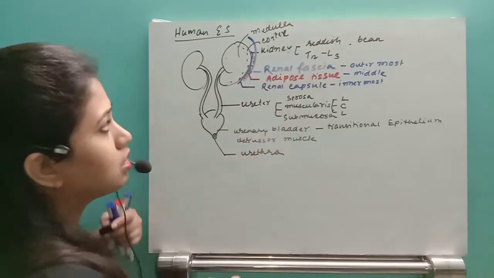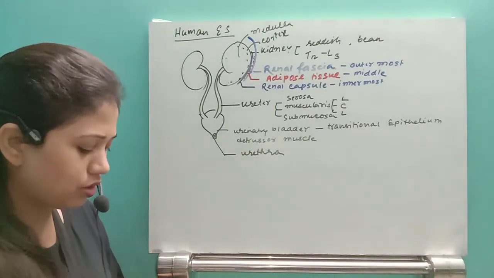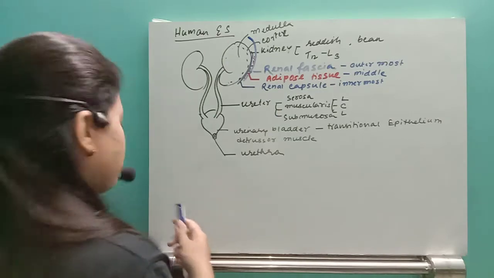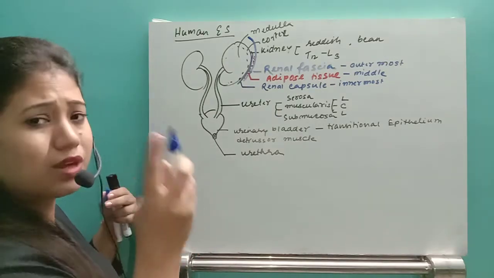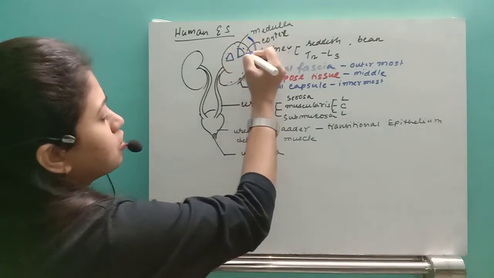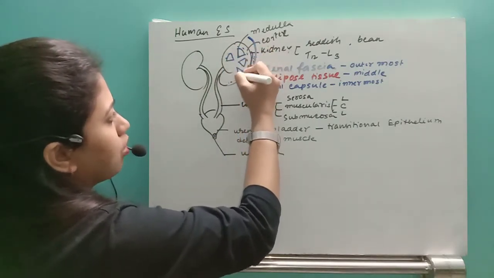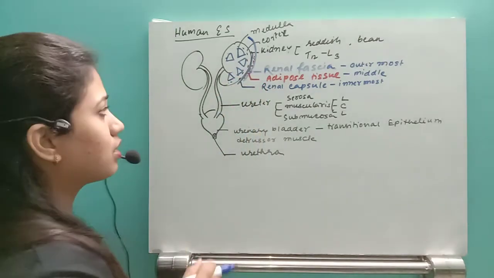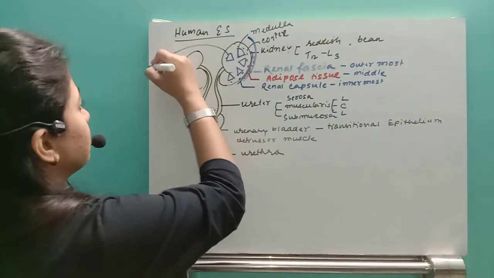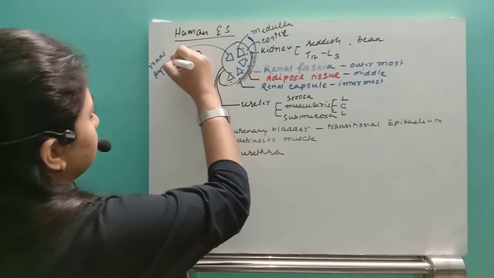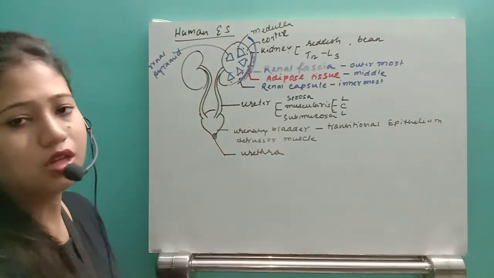Now if you see the medulla region, we are going to find one tube-like pyramid shaped structure present this way. Each kidney is going to have around 6 to 8 such pyramid-like structures. They're called the renal pyramid, because it is pyramidal in shape.